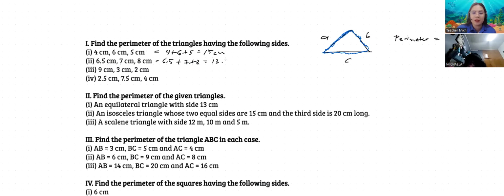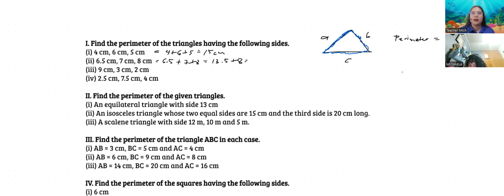What is 13.5 plus 8? What is 13 plus 8, anak? This is a whole number, anak. 13 plus 8. 21.